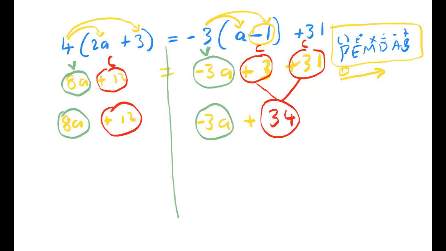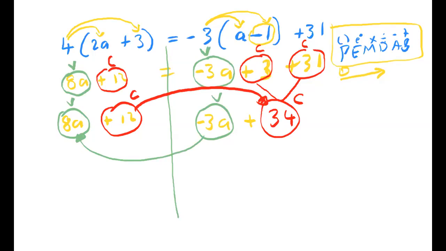So these are constants in C and the variables in V. This means we need to move negative 3A and combine it with 8A, while we're moving 12 and combining it with 34, so we can have the variables and the constants on separate sides.